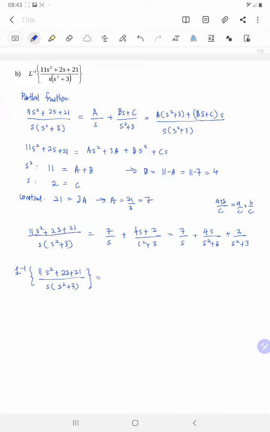Laplace inverse of this. The constant 4 I take out, the constant 2 I take out.